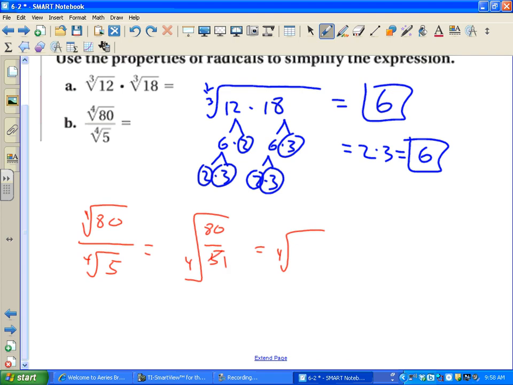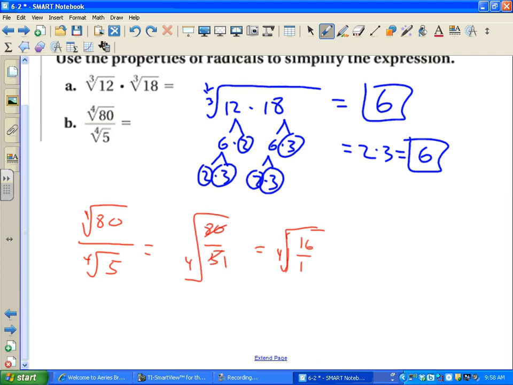5 goes into 5 once. 5 goes into 80 how many times? 16, not 36. So that's 16 over 1. Let me double check that. The 4th root of 16 over 1.